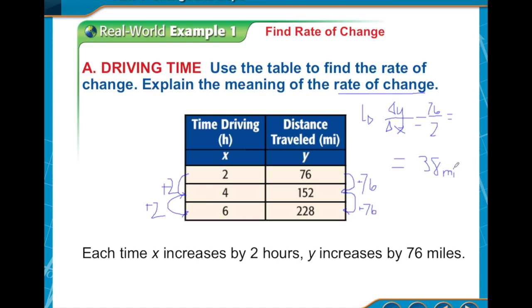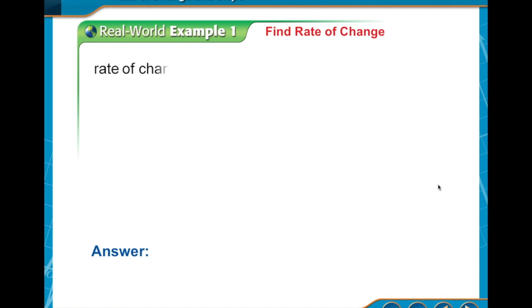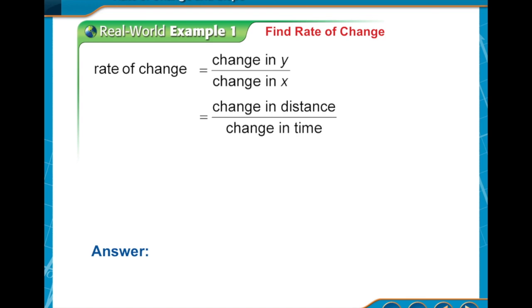And if we remember the units, y is miles. So miles divided by hours. So miles per hour. So what does this mean in the context of this problem? Well, that's how fast the car is going. 38 miles every hour, 38 mph. So we found that rate of change, taking change in distance over the time.